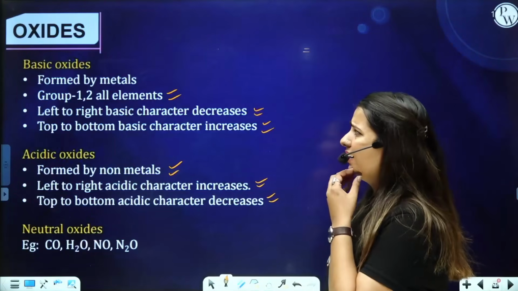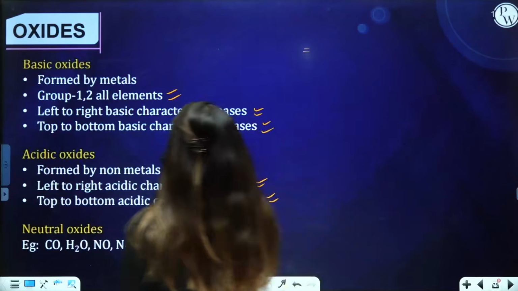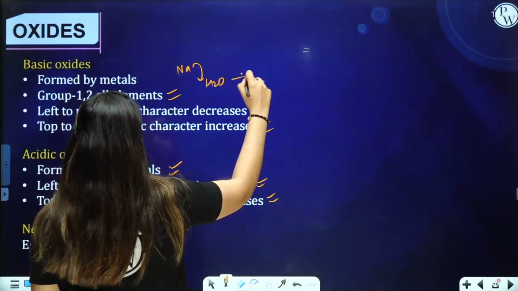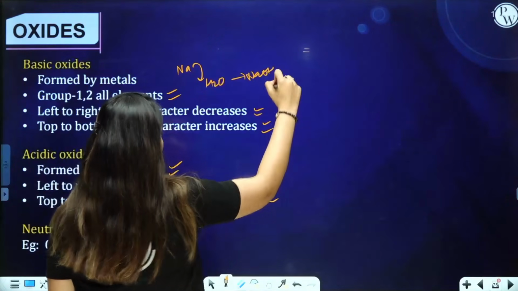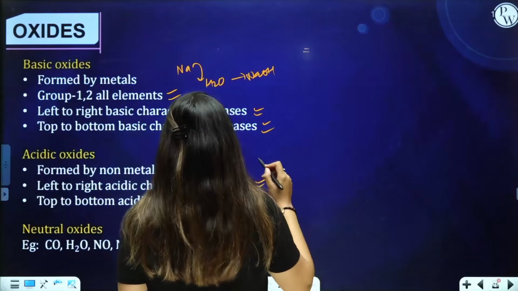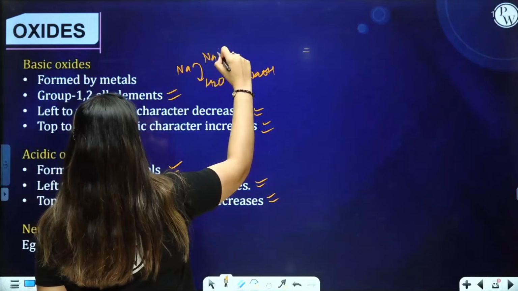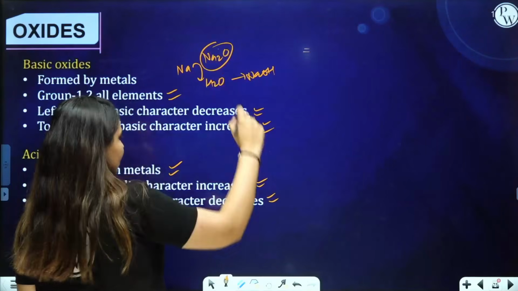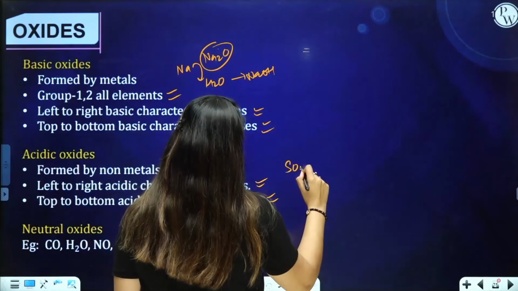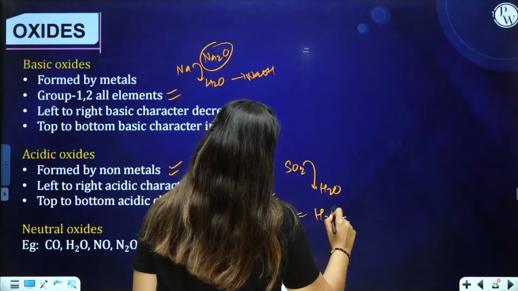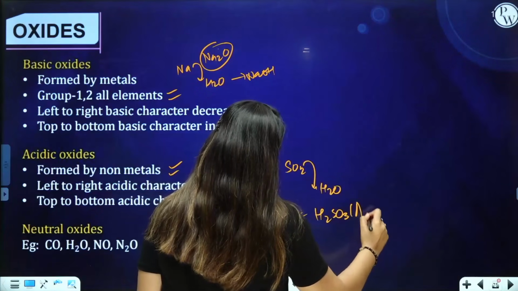Now why do we call it a basic oxide? Like, I have sodium, I dissolve that into water, so I will form a base. Similarly, you can take its oxide also, Na2O. If I take sulfur oxide and dissolve that into water, I will form H2SO3, and that is an acid.